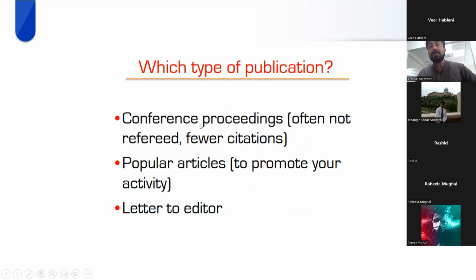Normally you submit your paper to a conference and then you present that paper, and that also helps you because a lot of experts come and listen to your talk, and on the spot they give you valuable comments on what things you should improve. So then letter to editor is also there.